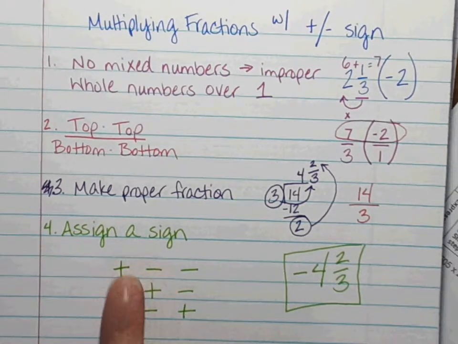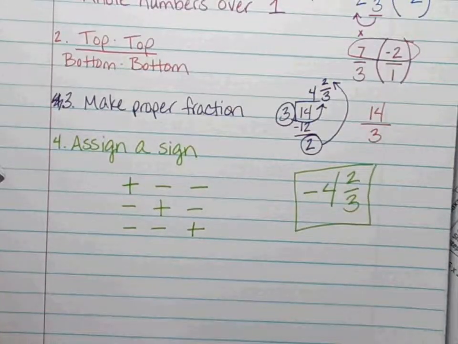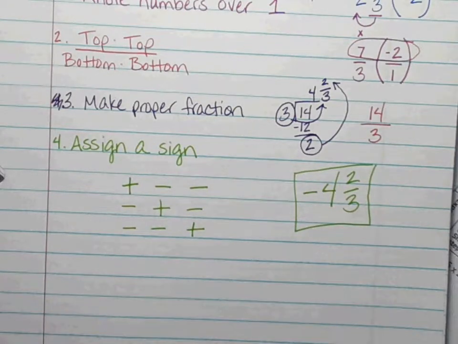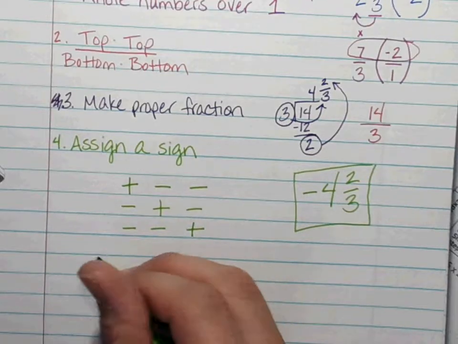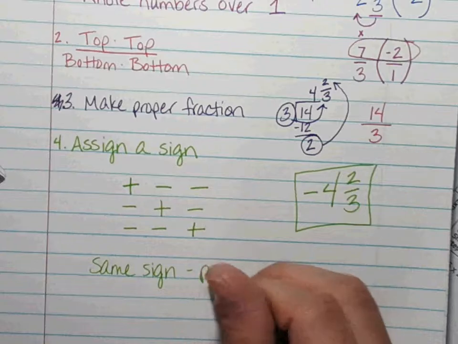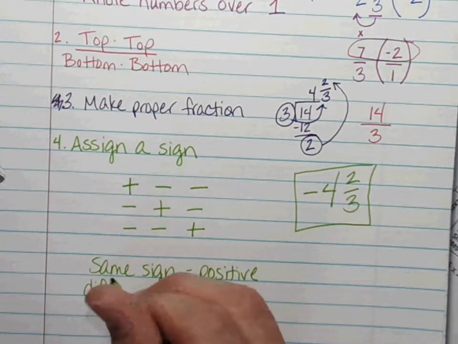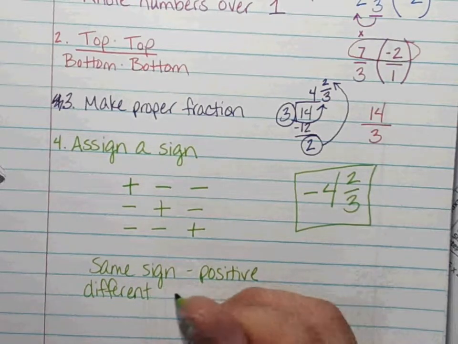If the signs are different, it's negative. So whichever way helps you remember, same signs is positive answer, different signs negative when you're multiplying and dividing.